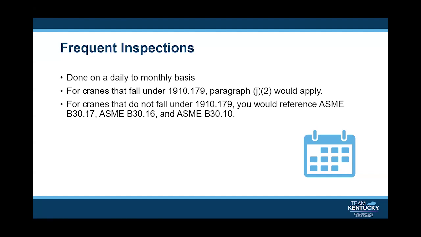For cranes that do not fall under 1910.179, you would reference ASME B30.17, ASME B30.16, and ASME B30.10. Next, we're going to go over some basic items that are inspected during frequent inspections.